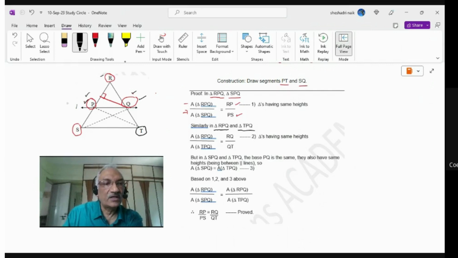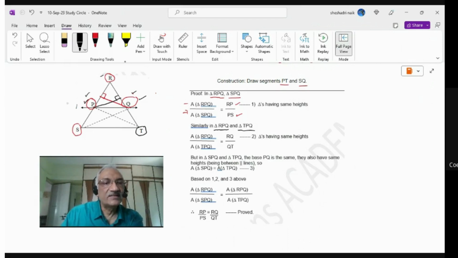To decide the area, I drop a perpendicular from P onto the opposite side, which is RQ or QT. It doesn't matter, it's going to be the same.